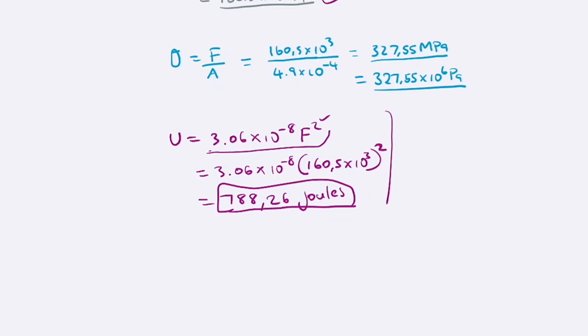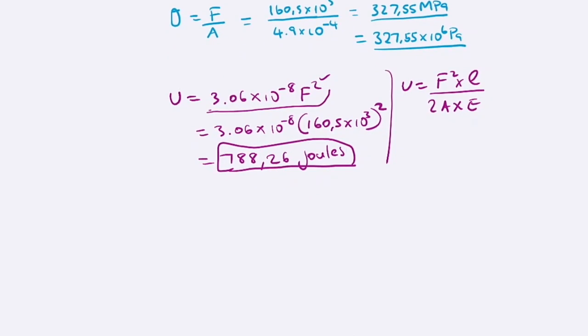You may also calculate as normal like this. The strain energy is equal to force squared times the length, divided by 2 times the area times Young's modulus. Let us take it down here and substitute.